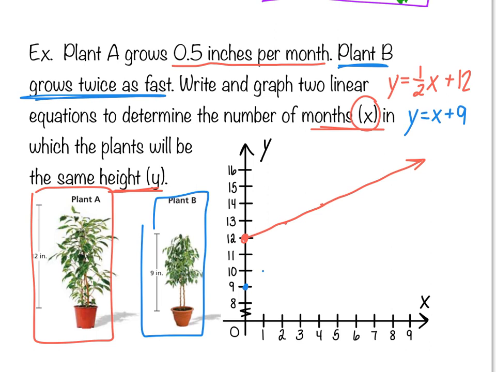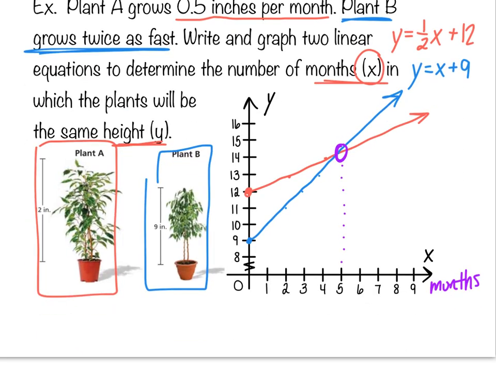So rise 1, run 1, rise 1, run 1, and so on. Okay, I'm thinking that if I did this right, then it should meet somewhere here, which would be close to 5. This is months, right? So close to 5 months.